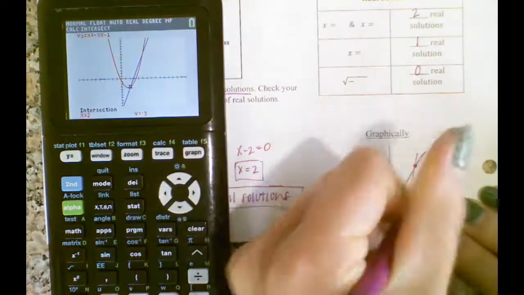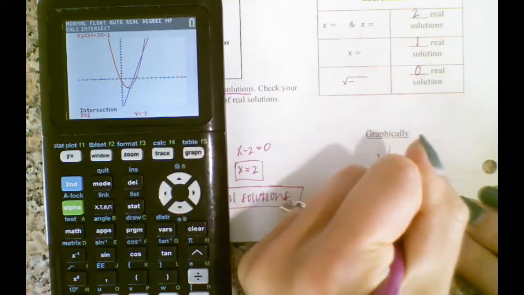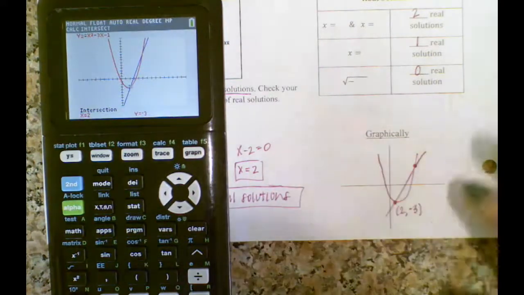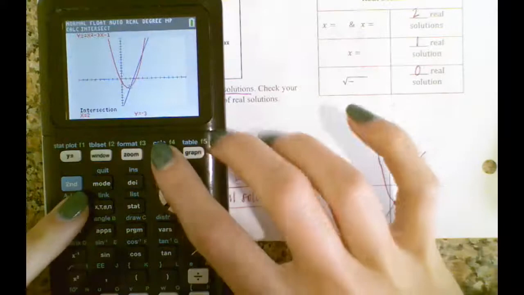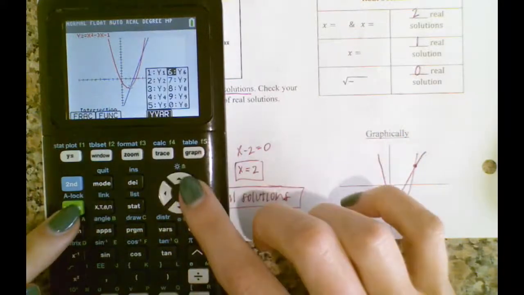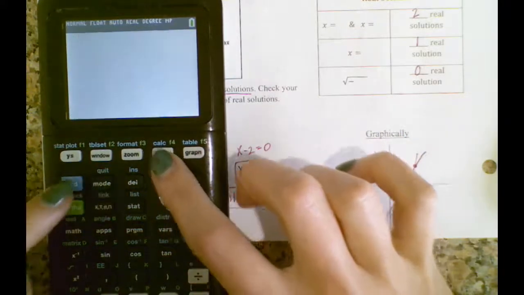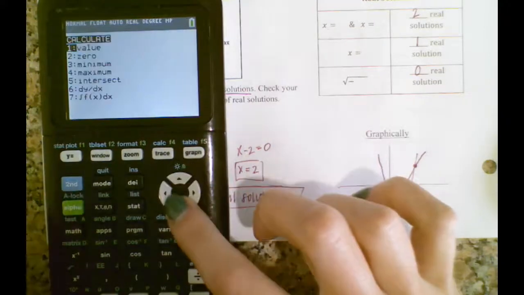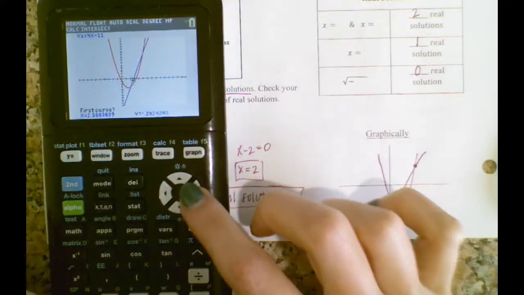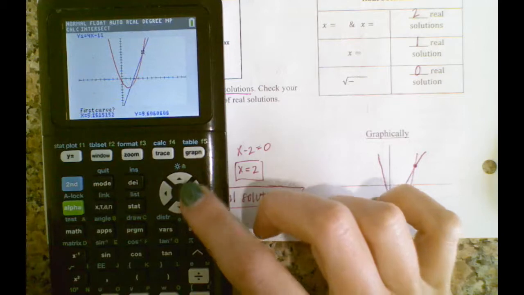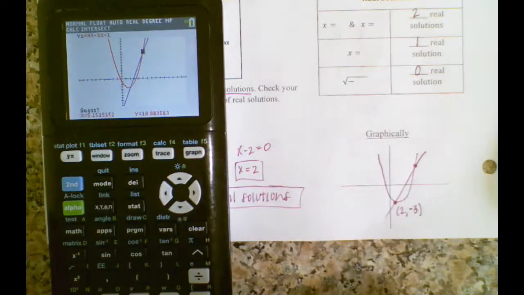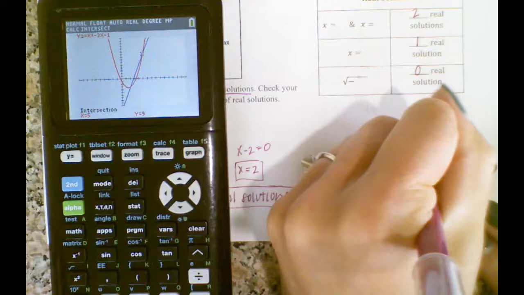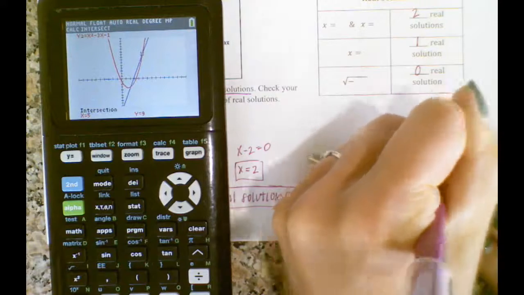Those are my intersections. This was at 2, -3. And then over here, gotta do it again. So second trace. Oh, whoops, did not hit trace. Let me go back to it. Okay, second trace, number 5. Go to your intersection, hit enter 3 times. 5, 9. So you have 2 solutions here as well.